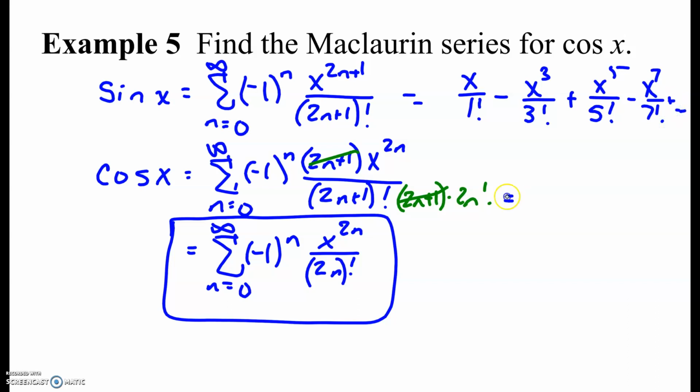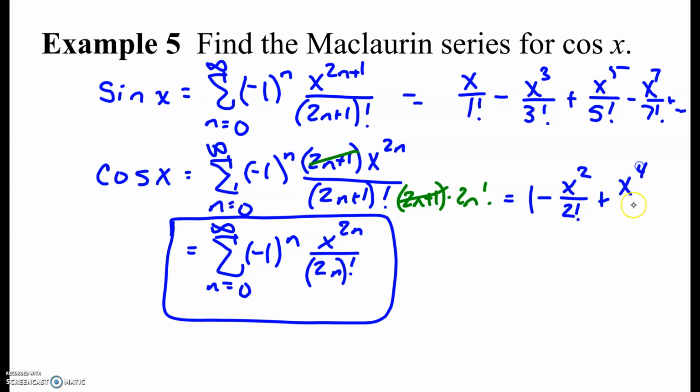If we take the derivative term by term, we would get 1 minus 3x squared over 3 factorial, which is the same as x squared over 2 factorial. Remember, 3 factorial means 3 times 2 times 1. The factors of 3 in the numerator and the denominator cancel.